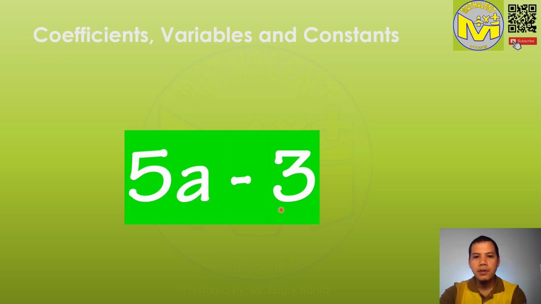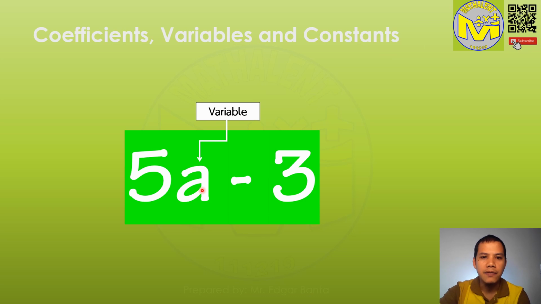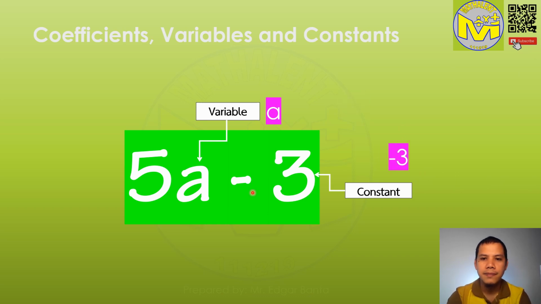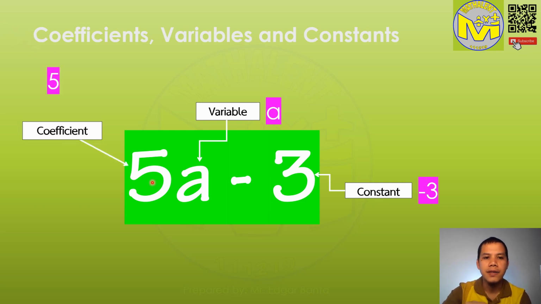Now, what is a? a is a variable. And 3 is a constant, or minus 3, or negative 3. So what is 5? 5 is the coefficient of a. So we have one coefficient in this expression. Got it?